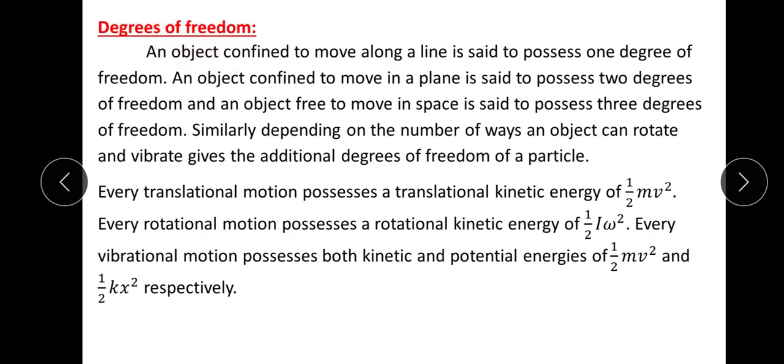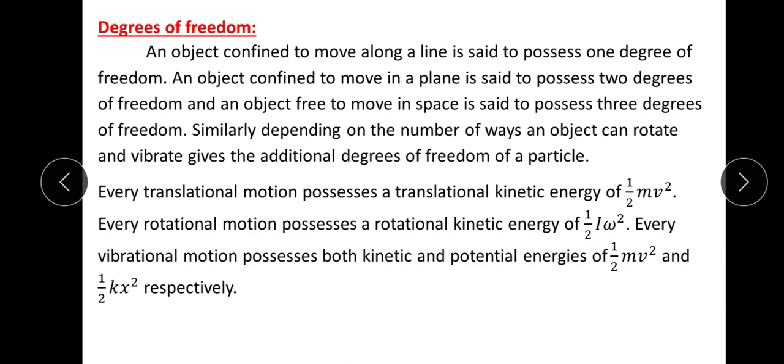If you want to understand degrees of freedom, let us consider a gas molecule which is having its motion only along one direction, either in x direction, y direction or z direction. We say that the particle can have energy only in one direction, meaning it is having only 1 degree of freedom.